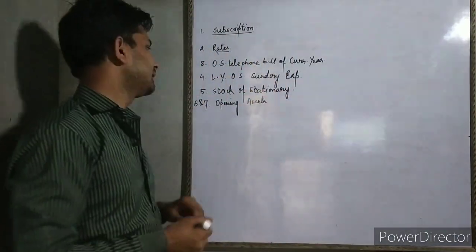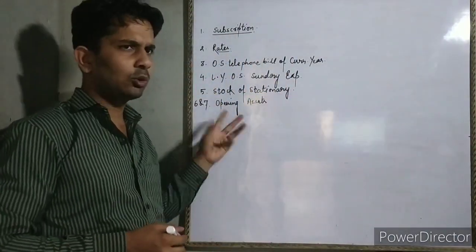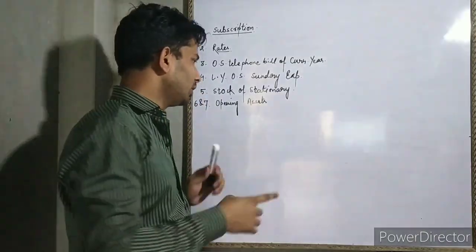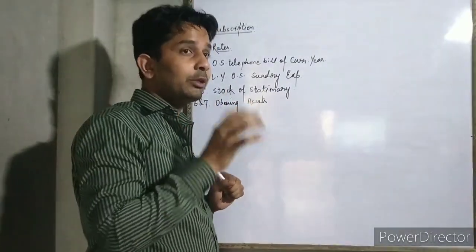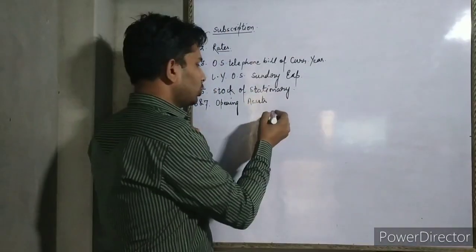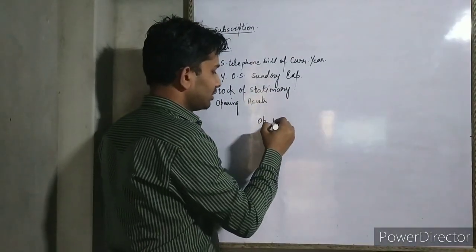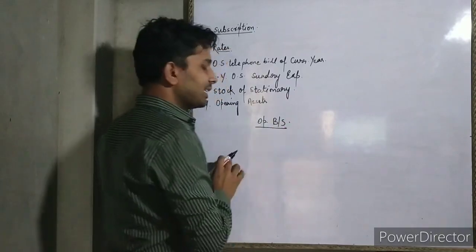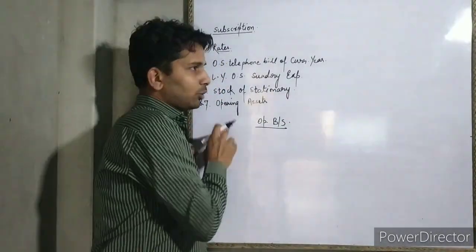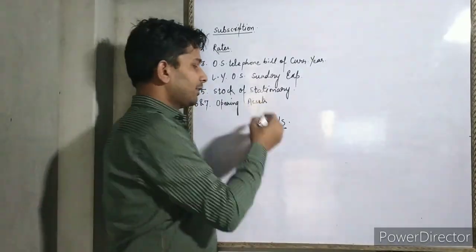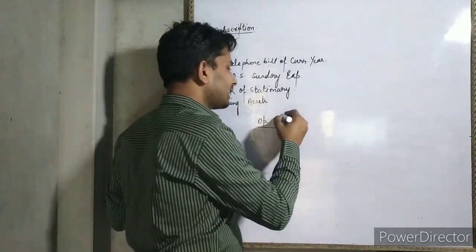Next is the opening assets. I have already told you, opening assets we have to post twice. Firstly, they are opening assets, so they will be in the opening balance sheet.